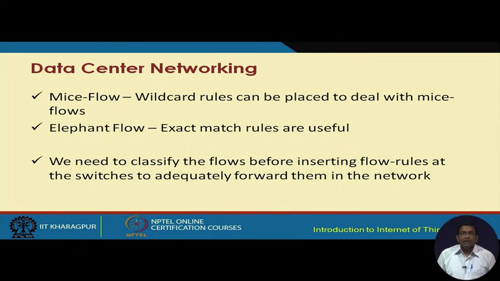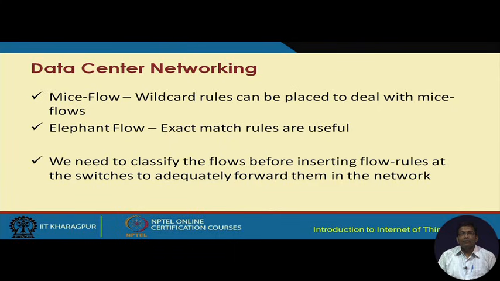Another very important thing that we have to remember in this context is data center networking. There are two types of flows that occur in data center networks. Here we are talking about implementation of data center networks with the help of SDN. Typically there are two different solutions for adoption of SDN in data center networks.